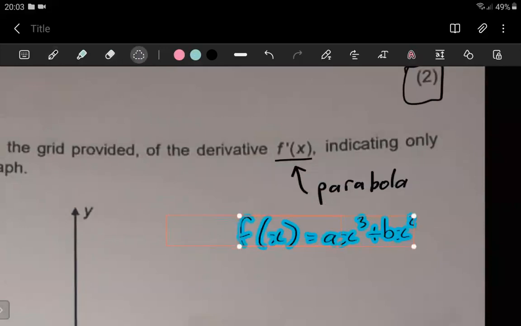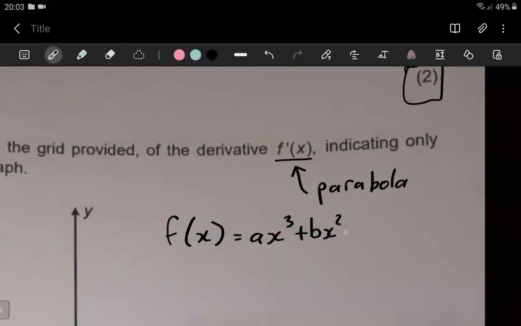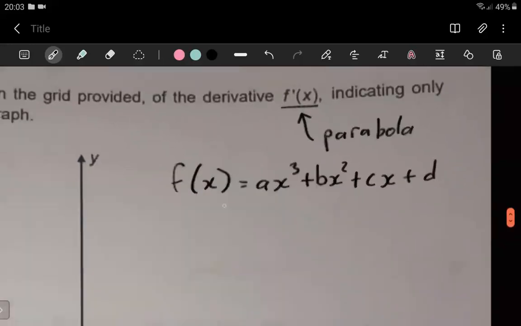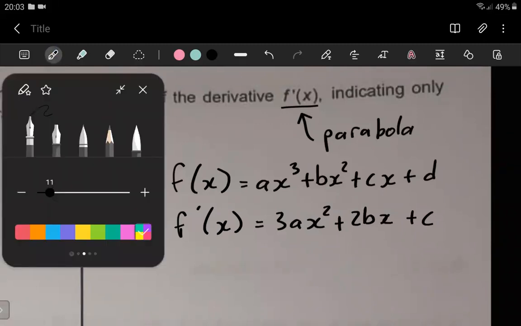If you differentiate this once, you're going to get 3ax squared. Differentiate this one, it's going to be 2bx. Differentiate this one, it's going to be c. You see that this is a quadratic equation. So this quadratic equation is what we know we need to sketch.